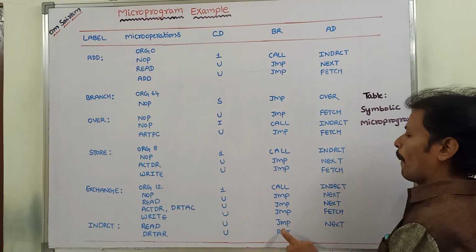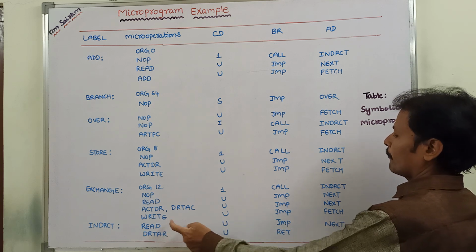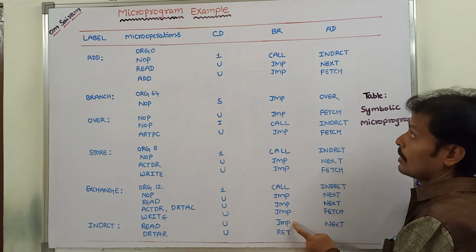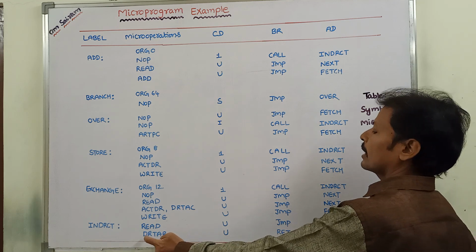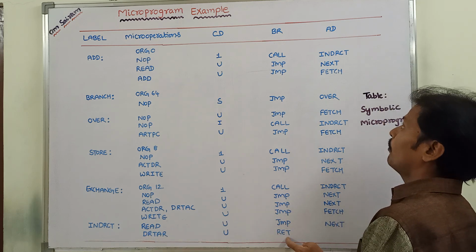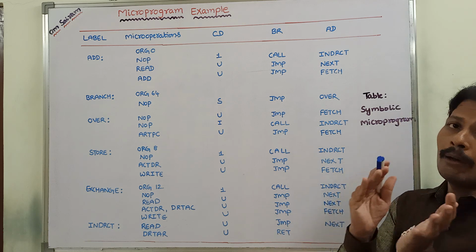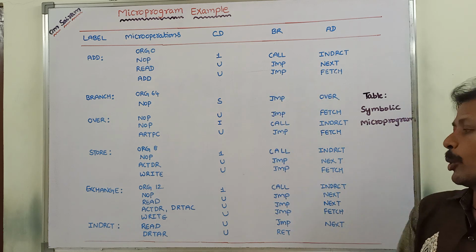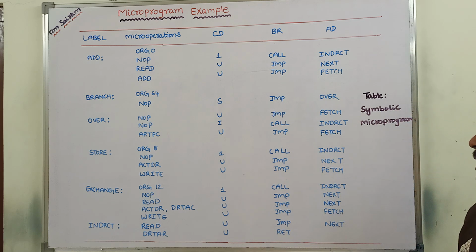Here BR contains jump when we are performing the read operation. When we are performing the DRTAR, then BR contains return. We are returning from the subroutine to the main program, and for that purpose we have to use a return statement.